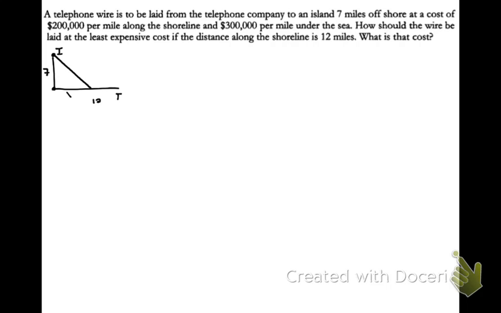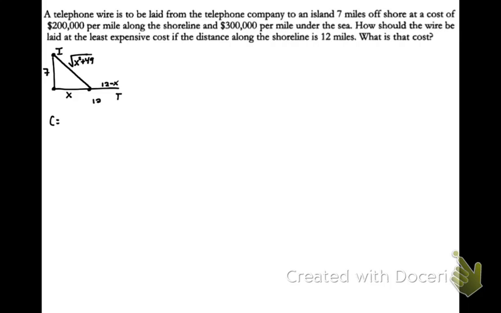So if I call this distance x from here to there, then this distance over here will be 12 minus x. And by the Pythagorean theorem, this distance here must be the square root of x squared plus 49. So now I can come up with a cost function.